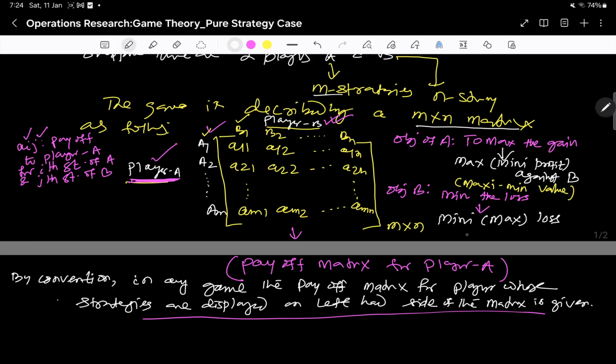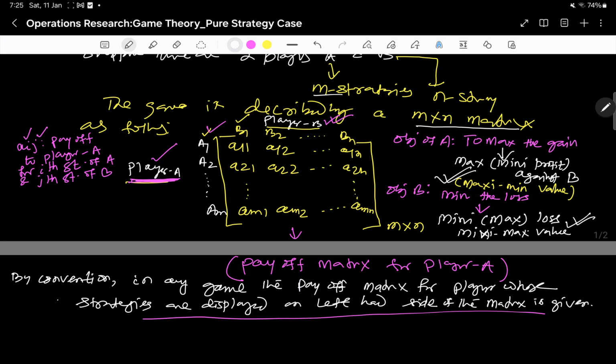So we call it the Minimax value. From the point of view of B, it is the Minimax value. From the point of view of A, we are talking about the Maximin value.